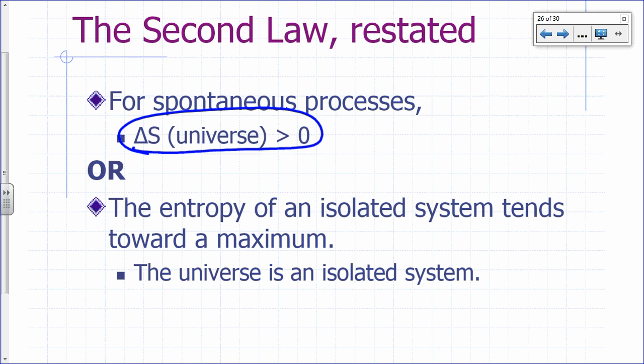And so what does that mean? While something is naturally occurring, what's happening to the entropy of the universe? It's increasing. And when something stops, what does that mean? So if I have entropy increasing, what happens when the process stops? That means you've reached equilibrium, right? So when you've reached equilibrium, what happens to my dS?